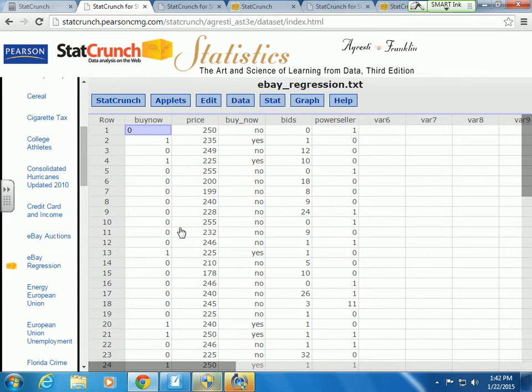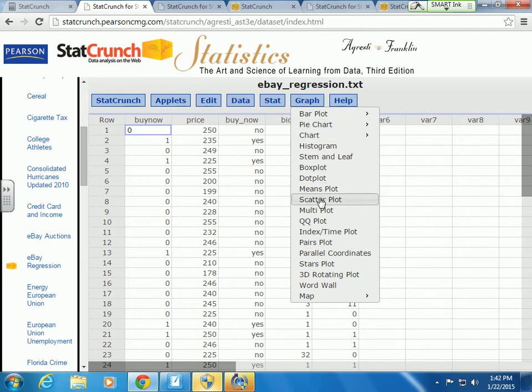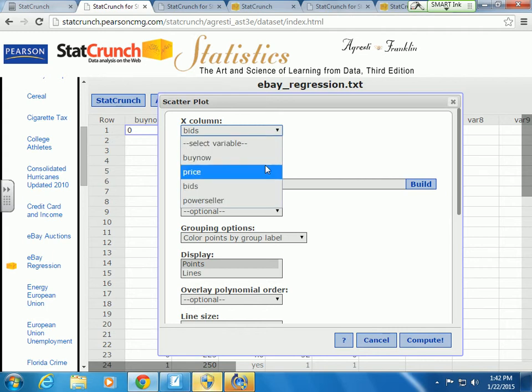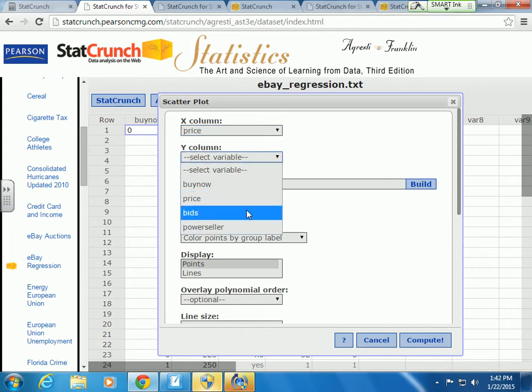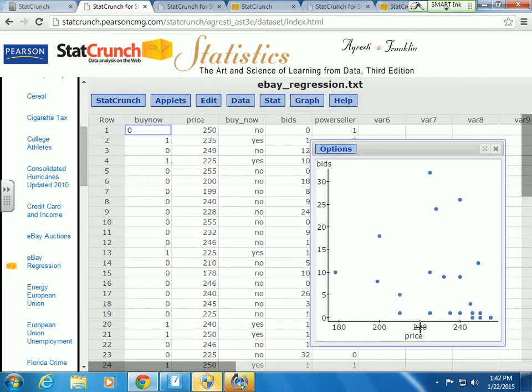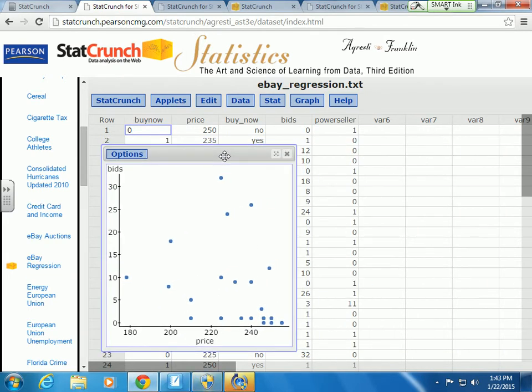Here's the price of the item and how many bids the item had. If we go to graph and look at that scatter plot, the price of the item and the number of bids it has, we compute it. You can see here it doesn't look as linear as the last example. So we may not want to fit a line.